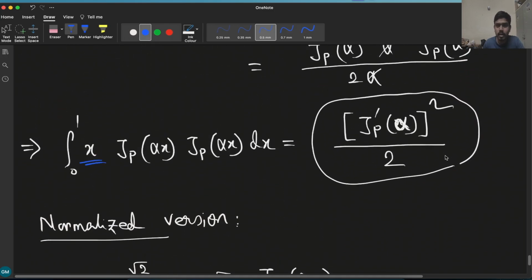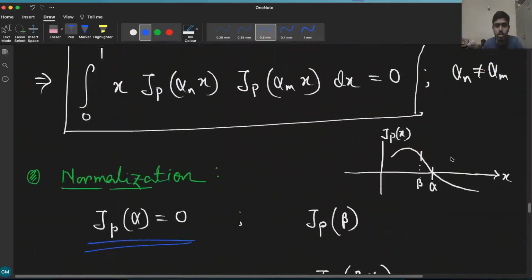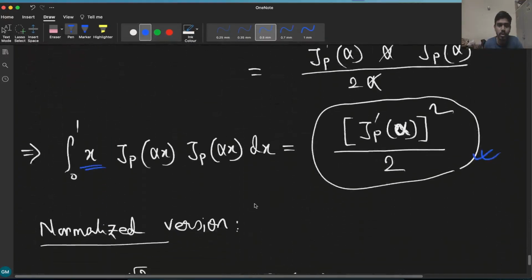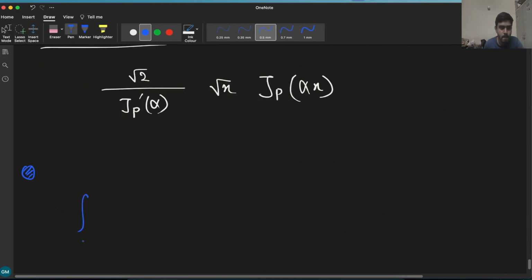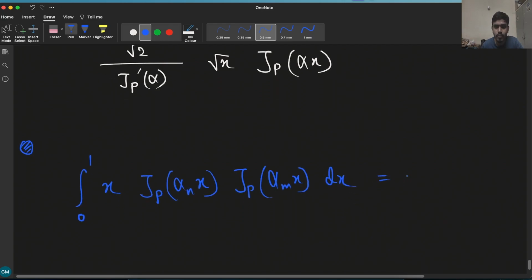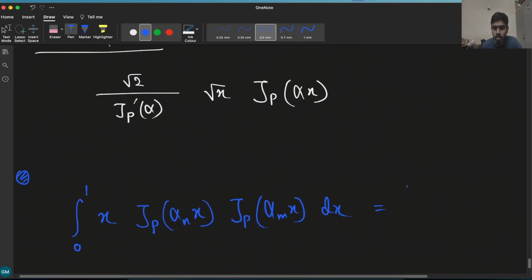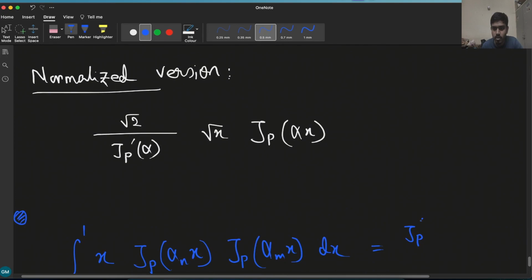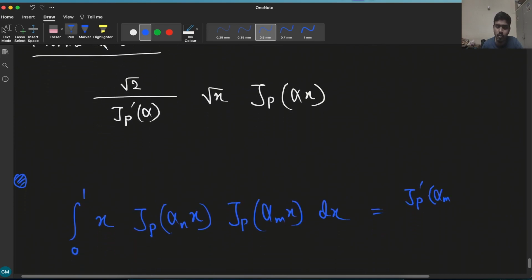And now if I write this equation and the orthogonality equation together, then what I will get is integral from 0 to 1 of x Jp(alpha n x) times Jp(alpha m x) dx equals Jp'(alpha m or alpha n, whatever) whole square divided by 2 times delta of mn.